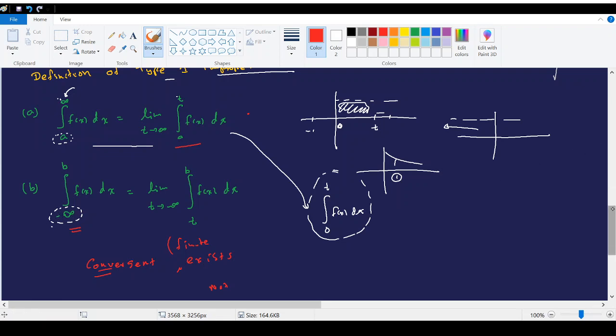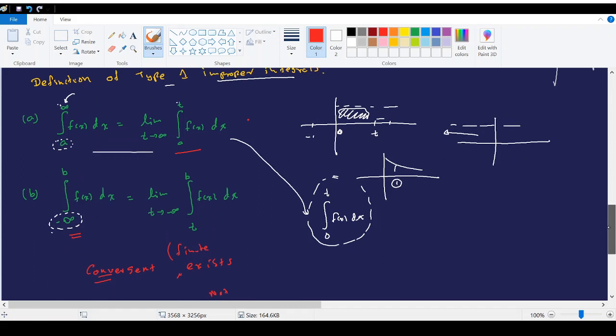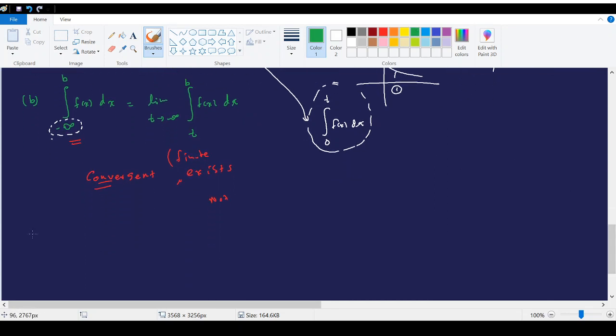Now in the example that I did, both had infinity as the upper limit, but the same definition goes even if we have negative infinity at the lower limit, right? And then there is another additional part for this improper integral type 1.